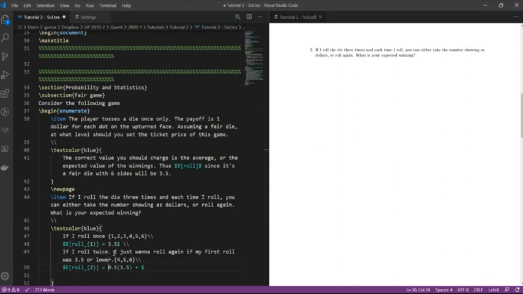So on 0.5 of the cases, I'm just gonna take my first roll. On the other 0.5 of the cases, I'm gonna strive for something greater. That something greater is between 4 and 6.